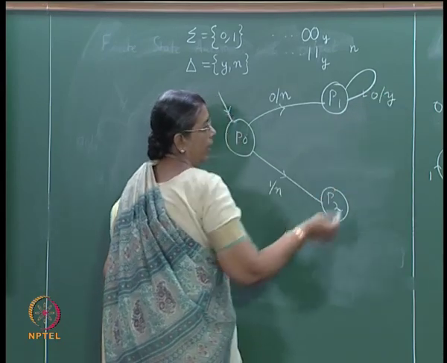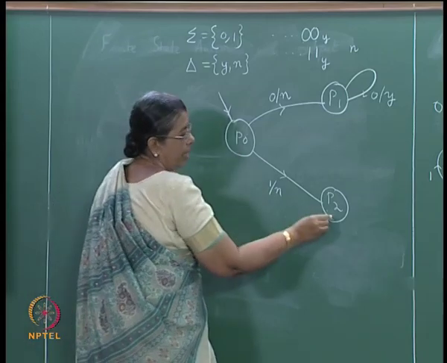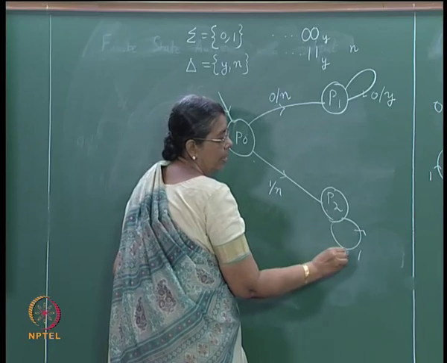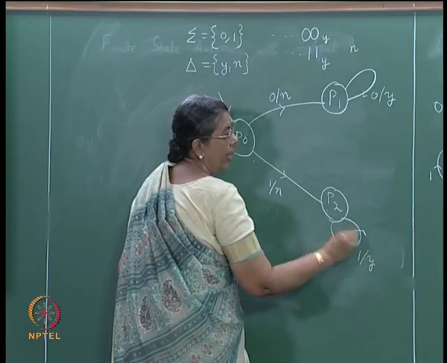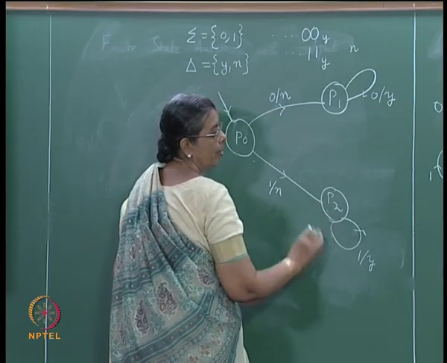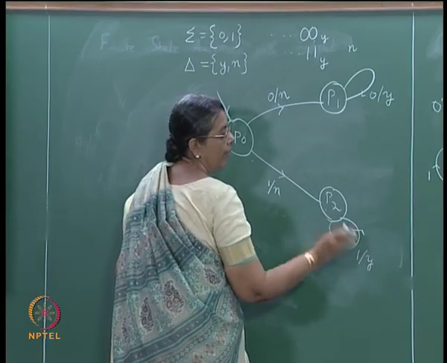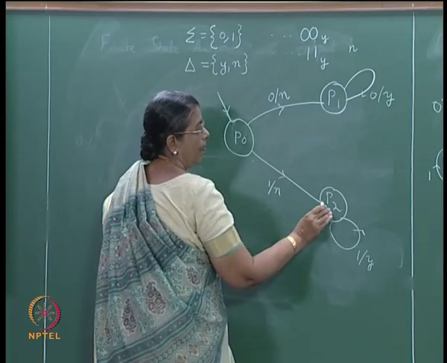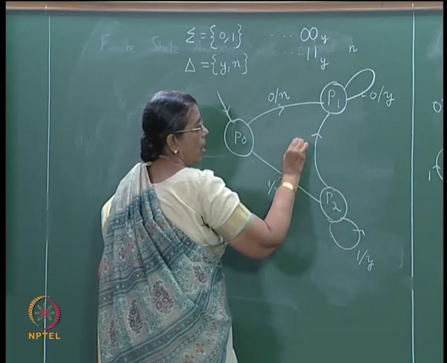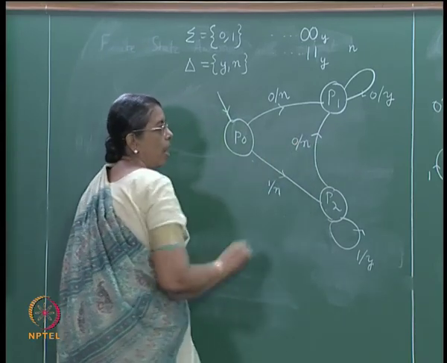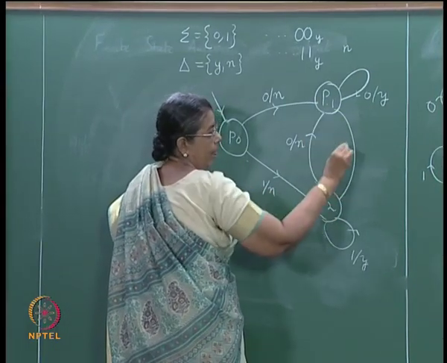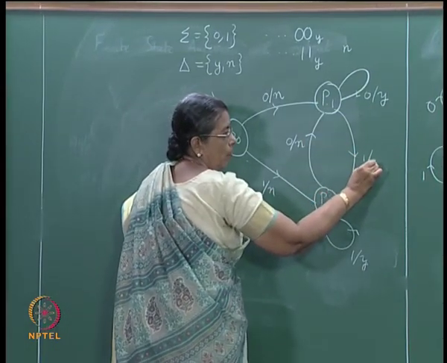So, I output a yes. From here, if I get a 1, the last 2 symbols are 1 and 1. So, yes. Here if you read any number of ones, the last 2 symbols will be 1, 1, 1, 1, etc. So, you will have a yes. But in this place, if I get a 0, again I have to start outputting a no, and if I get a 1 in this place, the output will be a no.